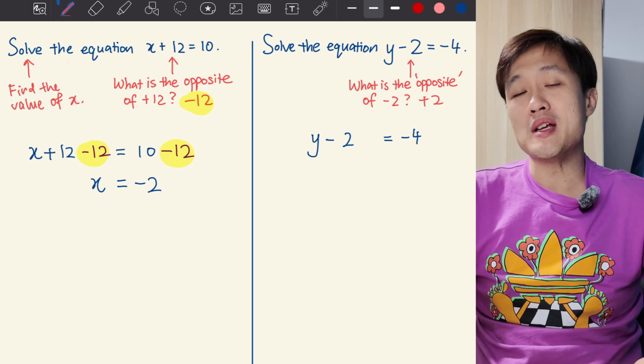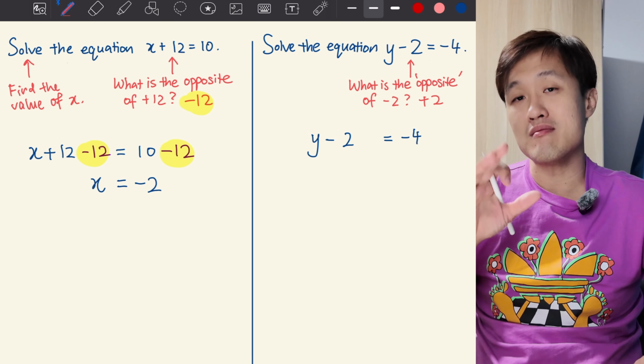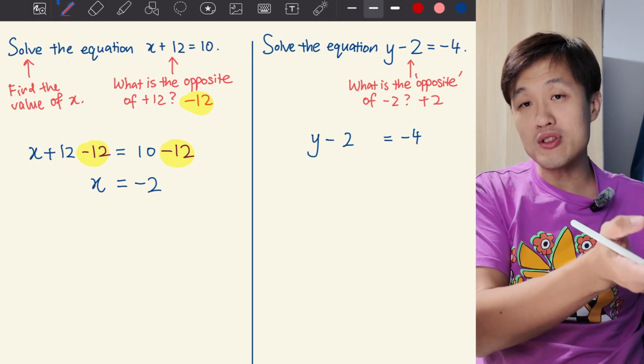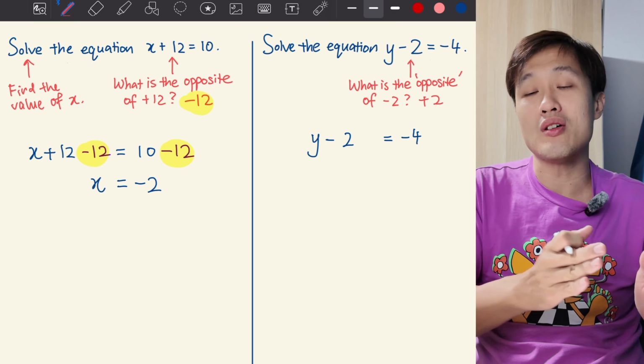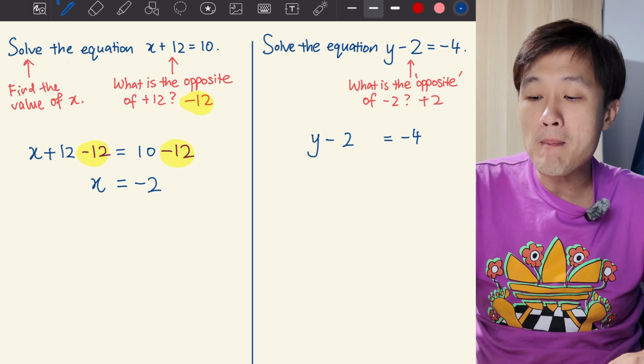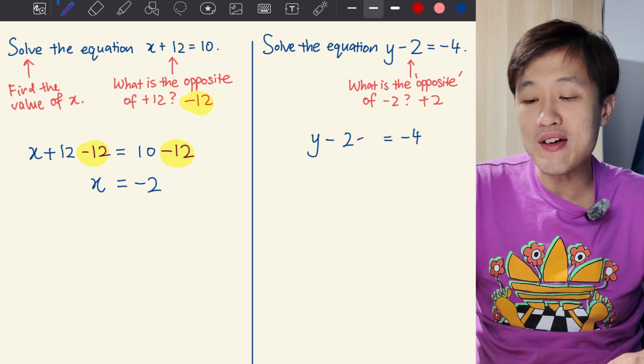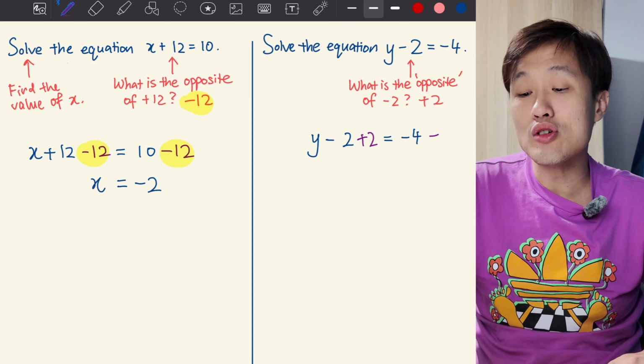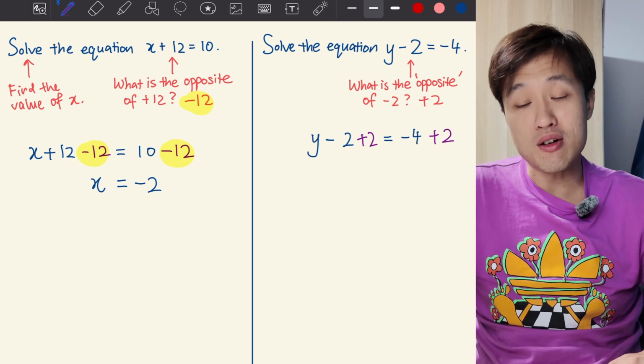So in order to form the zero pair, to remove that minus 2 that you see on your left hand side, we're going to have to add plus 2 to the left hand side, and then we're going to have to do the same to the right hand side.